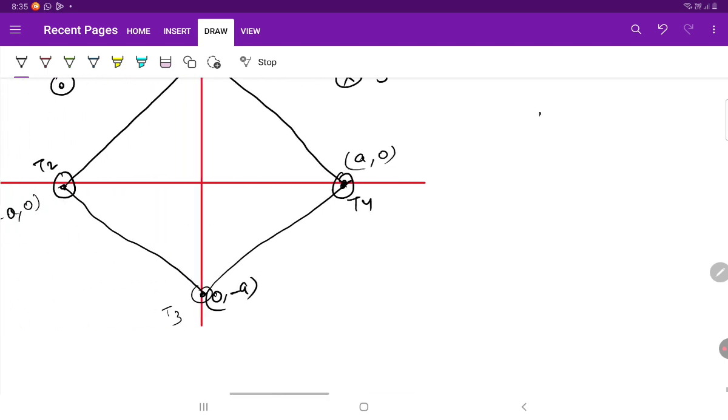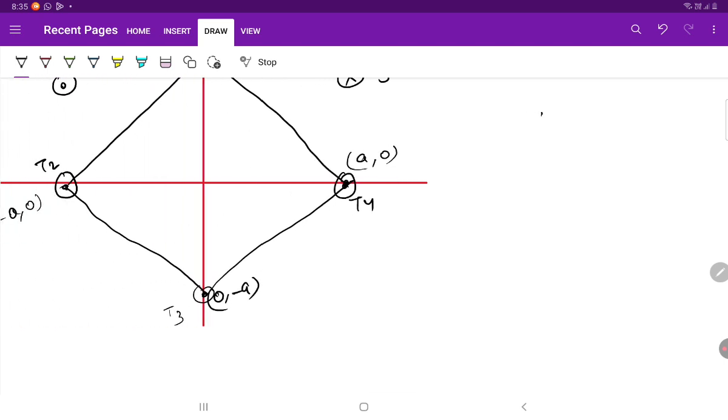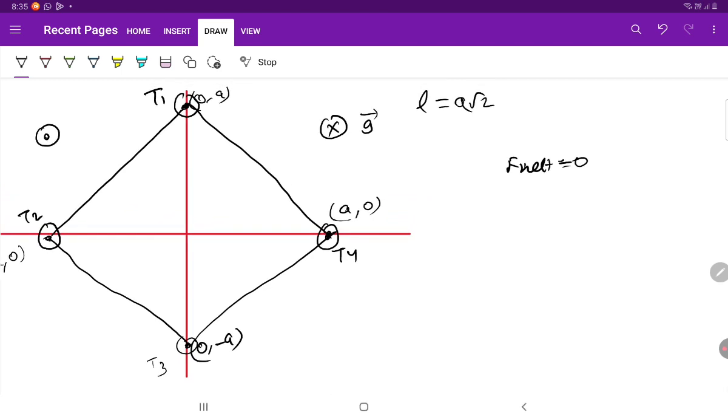First equation will be about Newton's laws of motion, that is F net is equal to 0. And we forgot to place the mass. Suppose the mass is here, which applies a force in the downward direction, and the weight is equal to W. So weight is in newtons, I am assuming, and the coordinates be x comma y. I can say T1 plus T2 plus T3 plus T4 is equal to W. This is equation 1.